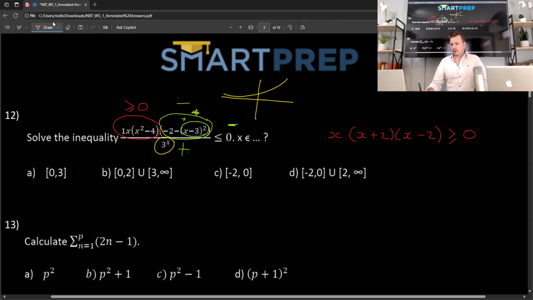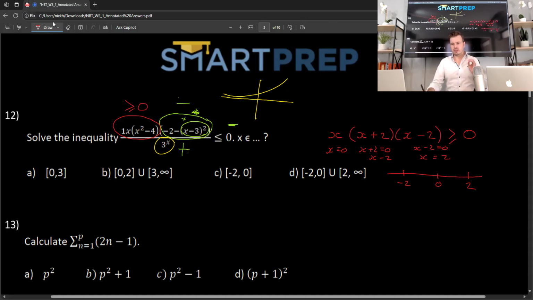All right, well, what are our critical values? So our critical values are x equals 0, right? For this part here, x plus 2 equals 0, so x is equal to minus 2. And then x minus 2 equals 0, so x equals 2. Okay, so in our table of values, we have negative 2, we have 0, and we have 2.